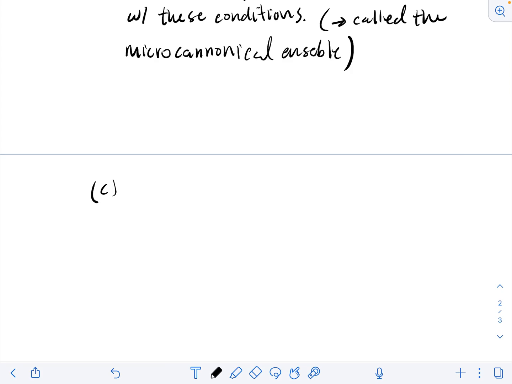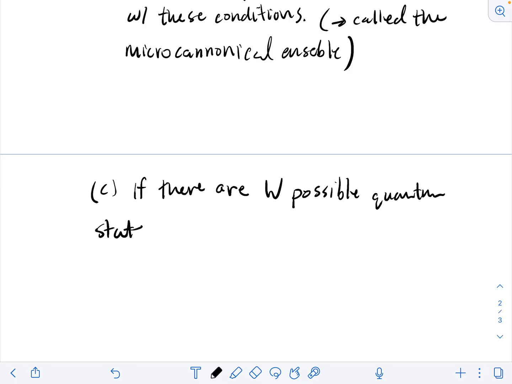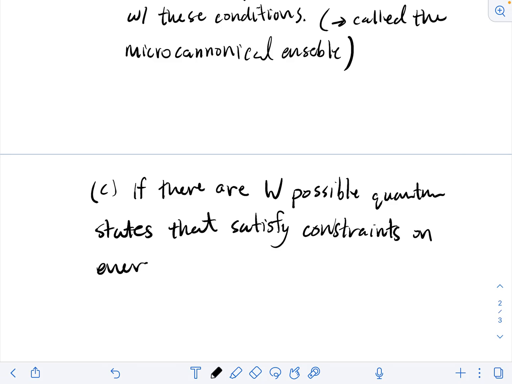So say there are W possible quantum states that satisfy the constraints on energy, volume, particle number, and so on.